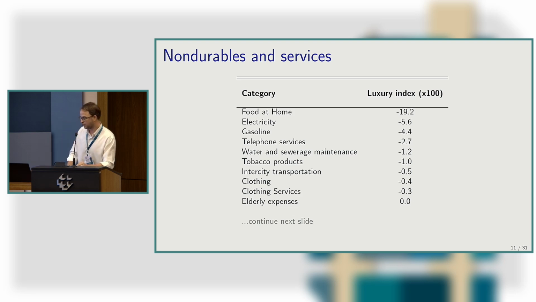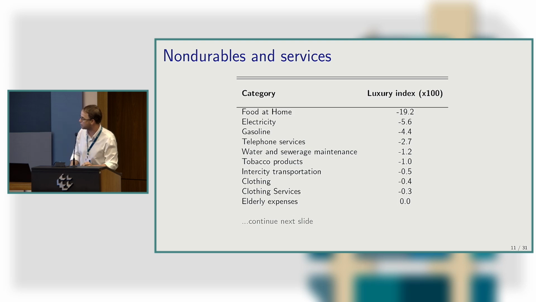So next, I split the aggregate consumption basket into individual consumption categories, and I estimate what I'm calling here the luxury index, which is how the budget shares of these categories vary with household income. And then I rank individual consumption categories based on this luxury index. So here, as you might expect, food at home is the least luxurious category, the more essential one.